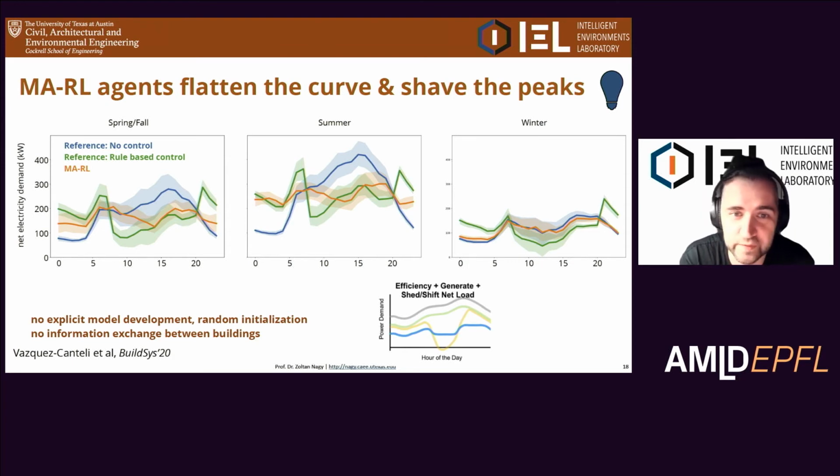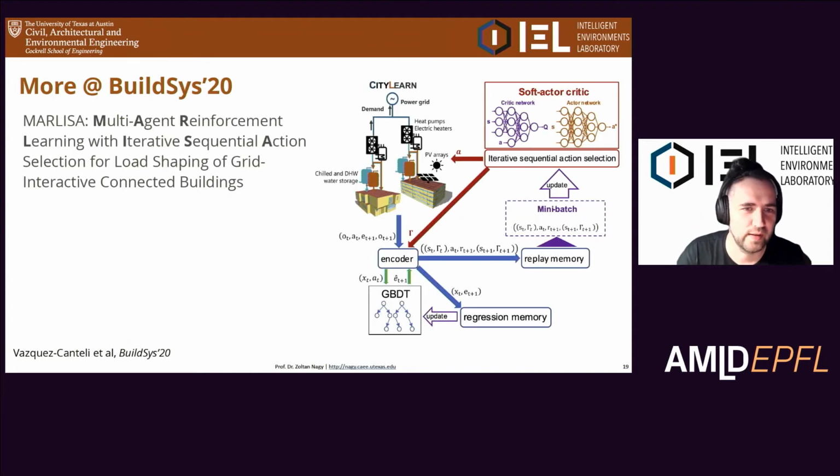The curve starts to flatten quite a bit, and the peak drop is dramatic. If you look at the summer, the peak drops almost 30-40%, which is quite substantial, because it means you may not have to buy another power plant for that peak that's increasing. So this is pretty cool, and it makes us think about doing more, and we're very excited.